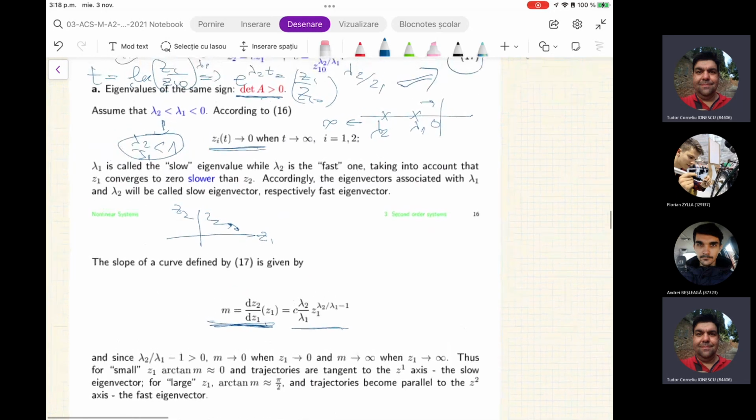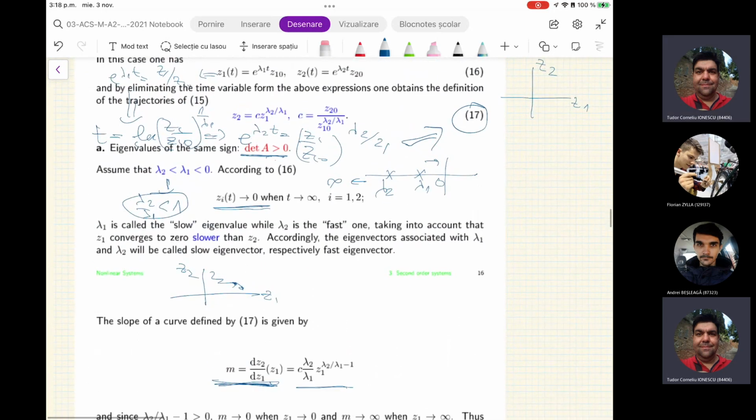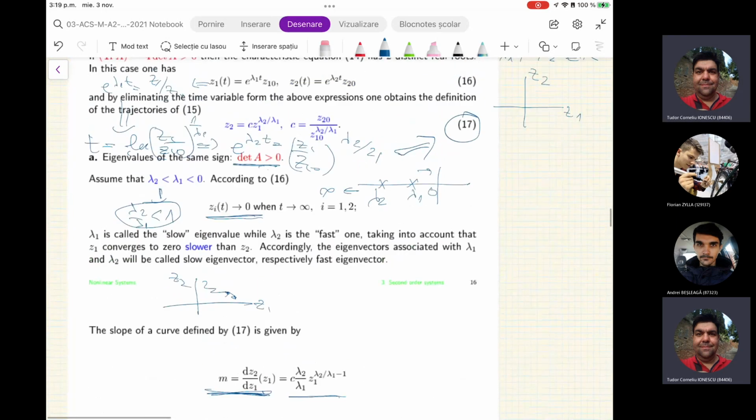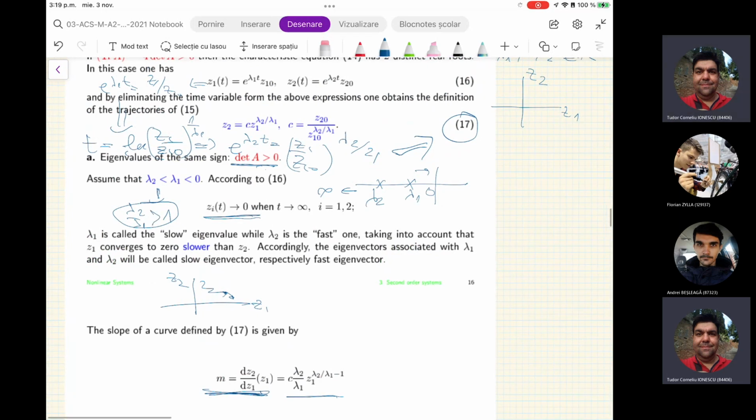Hence, lambda 2 over lambda 1... Oh, sorry, this is larger than 1. Why didn't you tell me? Sorry. True? Oh, no, I was right, right?